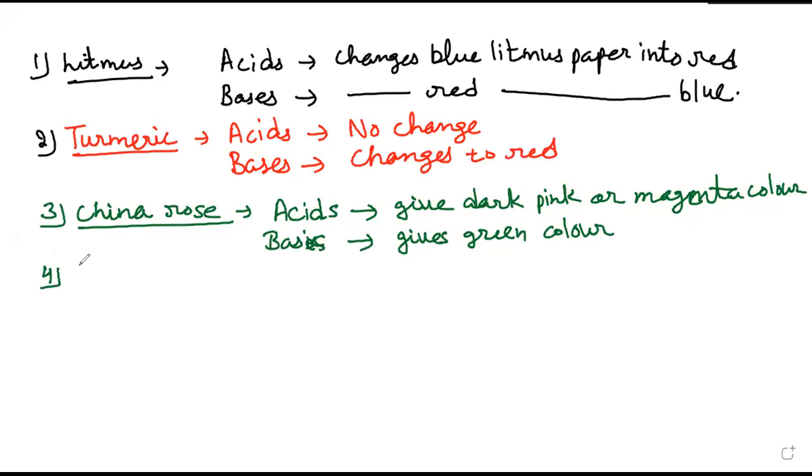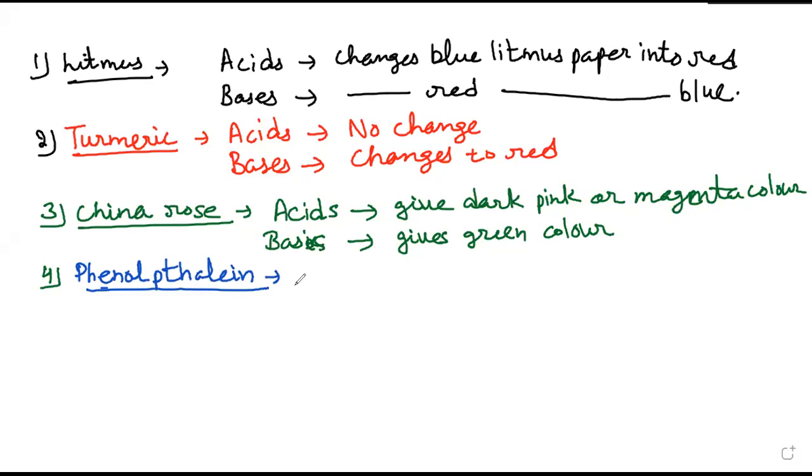Now first is phenolphthalein. Phenolphthalein is a colorless indicator actually, right? It is used in the laboratories. It's available in our school.